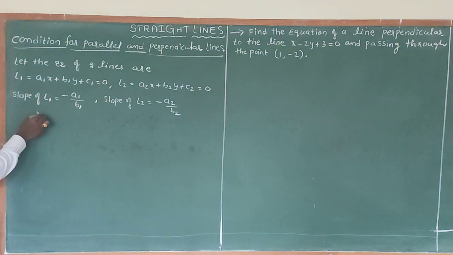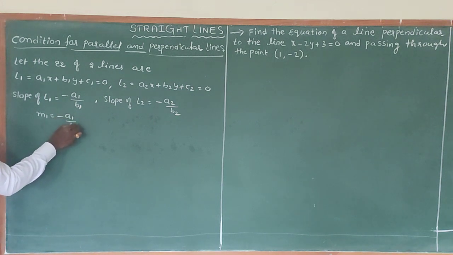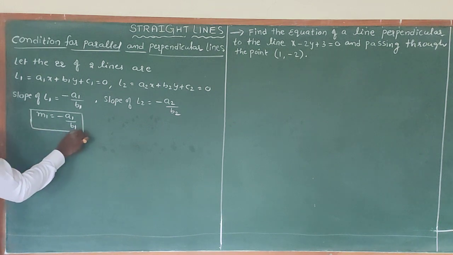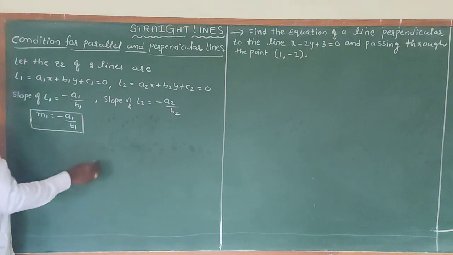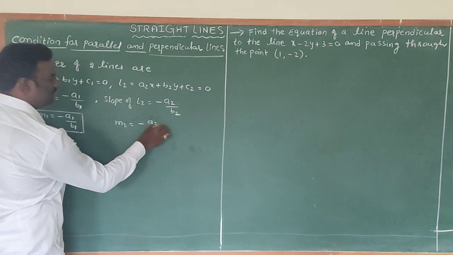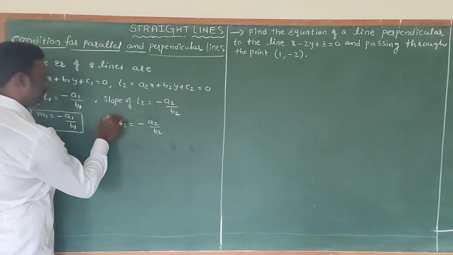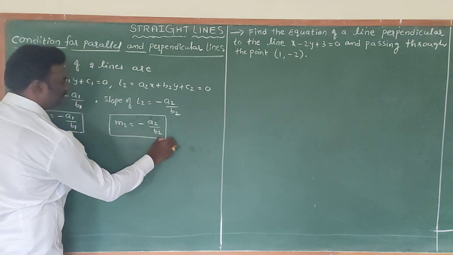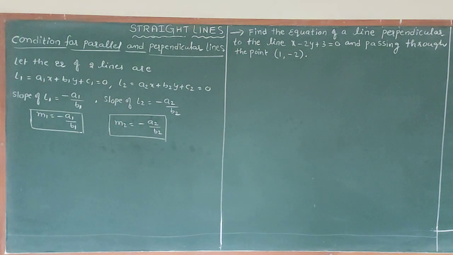Slope of L1 is denoted by m1, minus a1 by b1. Similarly, slope of L2 is denoted by m2, minus a2 by b2. Finally, we know the slopes of the first line and second line.